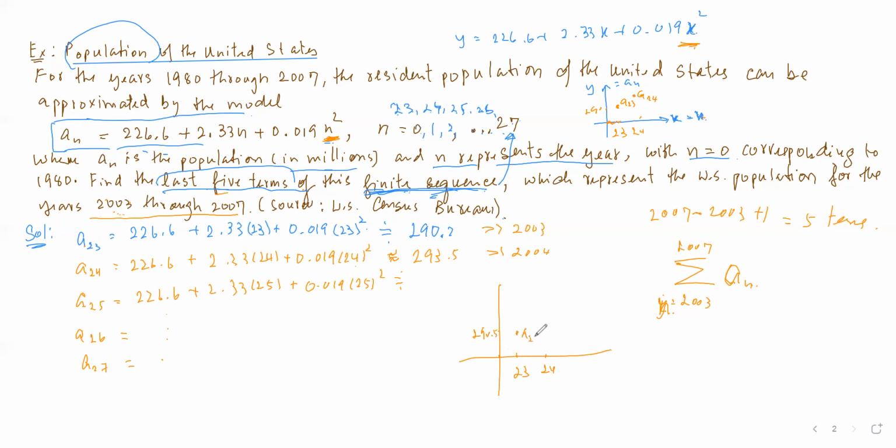This is A23 and this will go up a little bit more, becoming 293.5. You write this as a sub n, and this one is n. The dots should be a little bit curved like that: 23, 24, 25, 26, 27, going up, increasing.